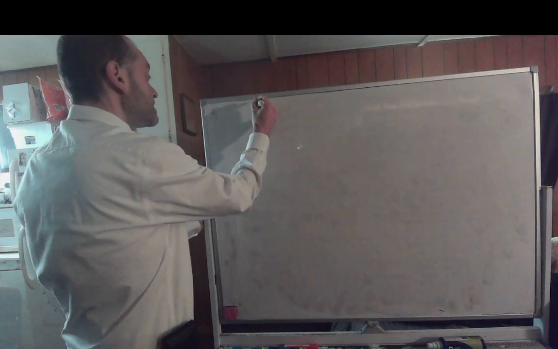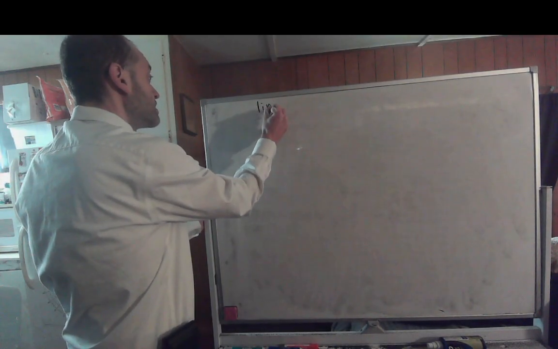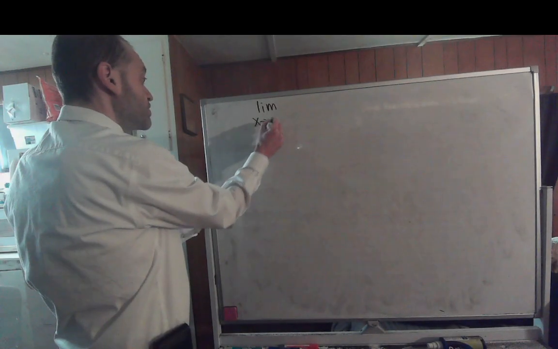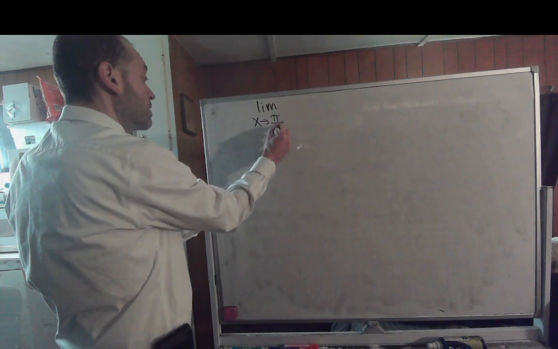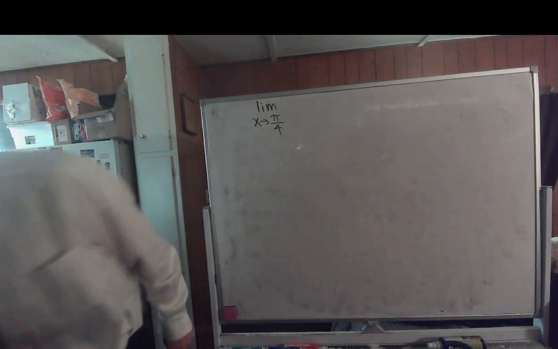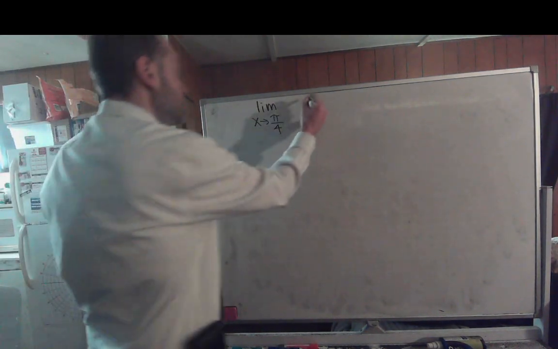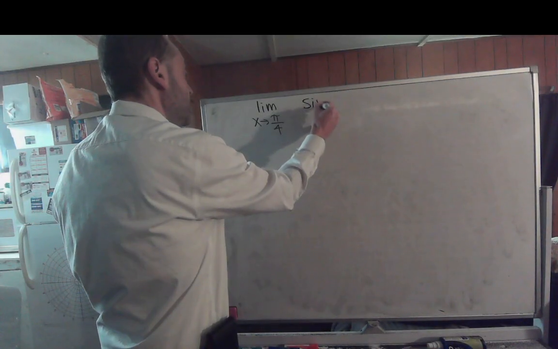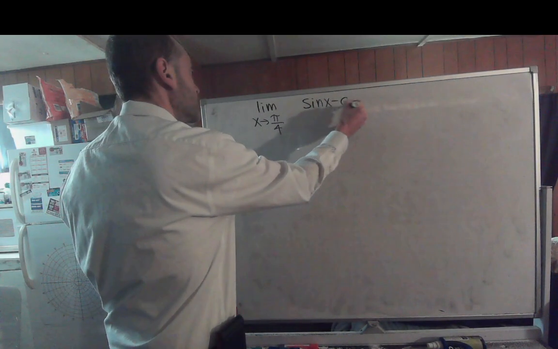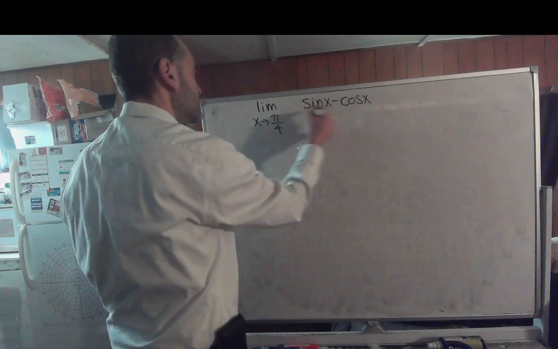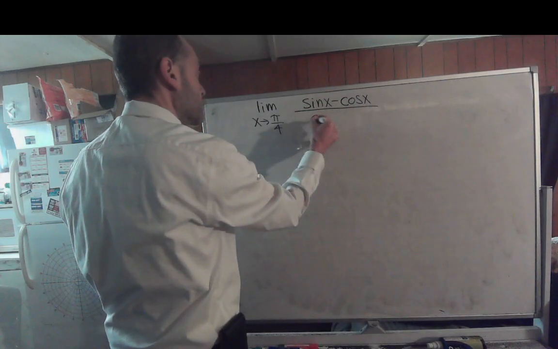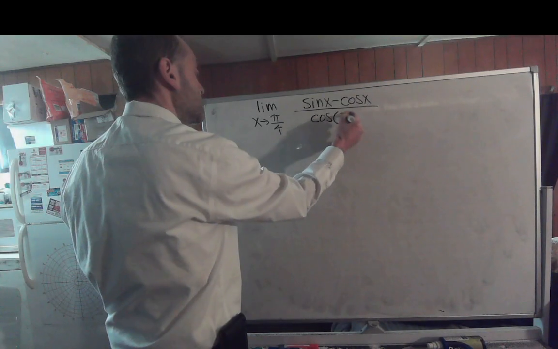The limit as x approaches pi over 4 of the sine of x minus the cosine of x all over the cosine of 2x.